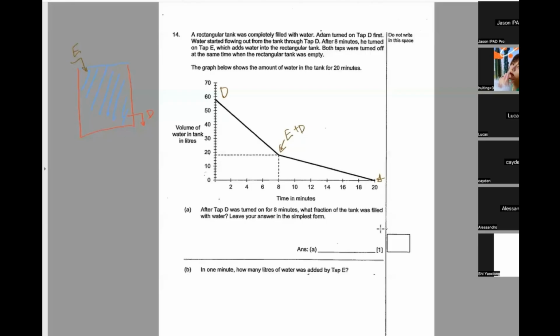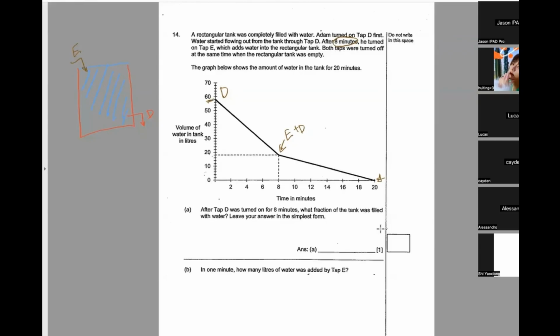Any question? You must understand what this question is talking about first. So for the first 8 minutes, only tap D. Let's read. After tap D was turned on for 8 minutes, what fraction of the tank was filled with water? So the tank level was here, right?